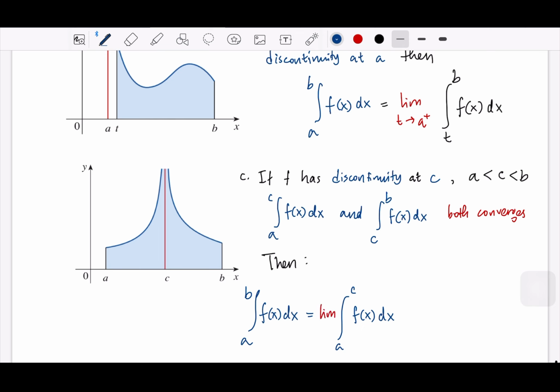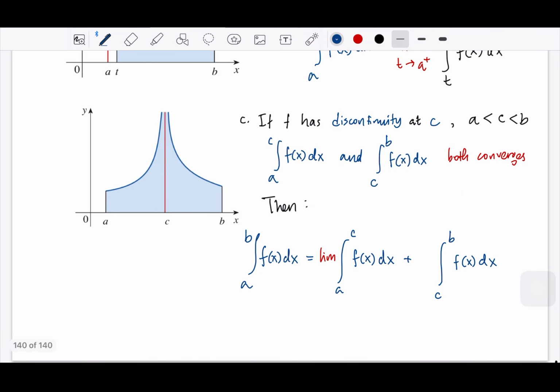Let me write the first part, and then you can write the bottom.